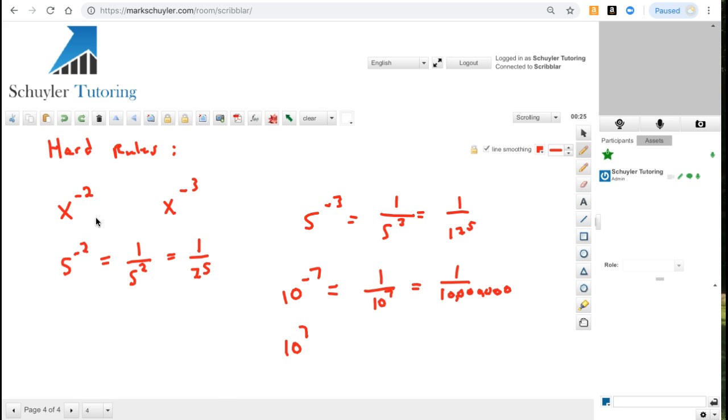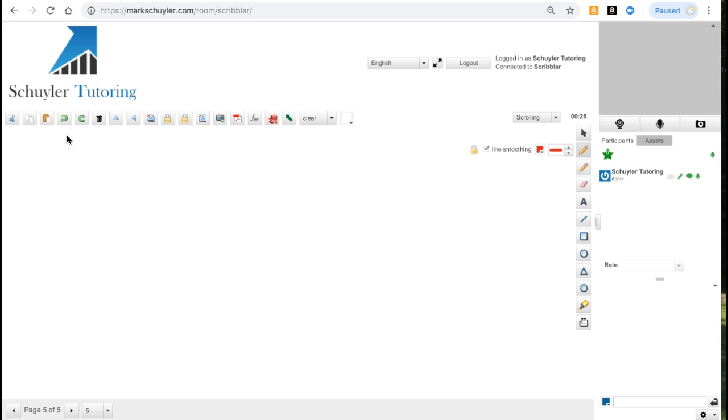Now, I'll tell you when things get really tough on the SAT or the ACT. We're just going to wrap up here and imagine a situation where they combine fractional exponents with negative exponents. Like you might get 8 raised to the negative 2/3 power, and that might just short circuit your brain.